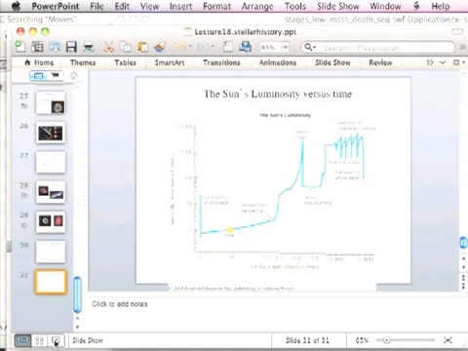When the sun was just formed, it was about 70% of its luminosity. And today, if the sun became 70% of its luminosity, the Earth would freeze instantly. But 5 billion years ago, the Earth didn't freeze.